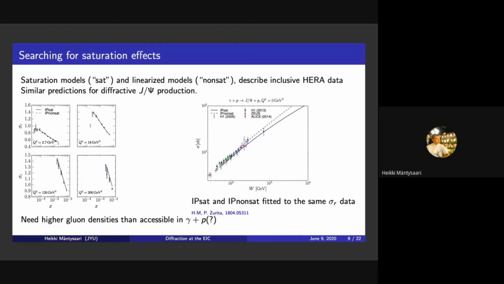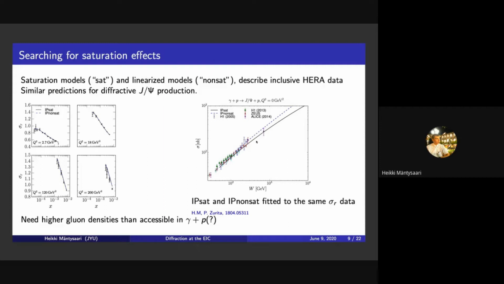But okay, this is the total cross-section, which only probes roughly the gluon density to the first power. So you may expect that if you look at the exclusive process, which goes as gluon squared, you may see some differences. On the right-hand side, I'm showing the total J/psi production cross-section as a function of center of mass energy for the photon-proton system. Data is from HERA and also from the LHC. The solid line is with nonlinear effects and the dashed line without.